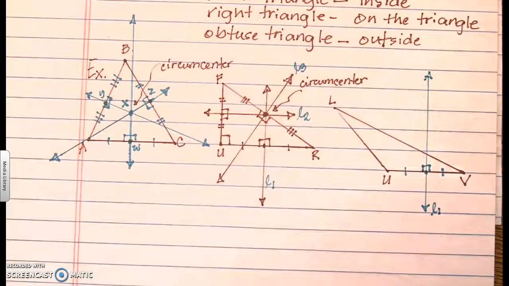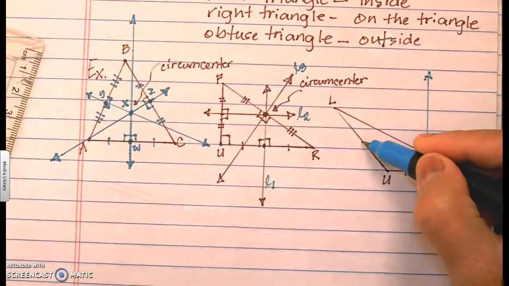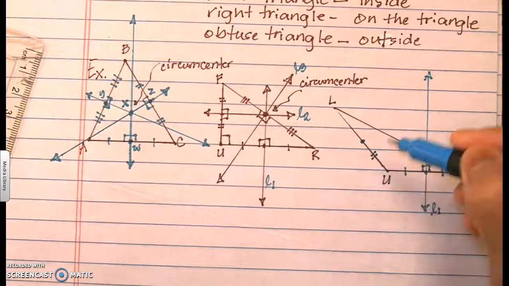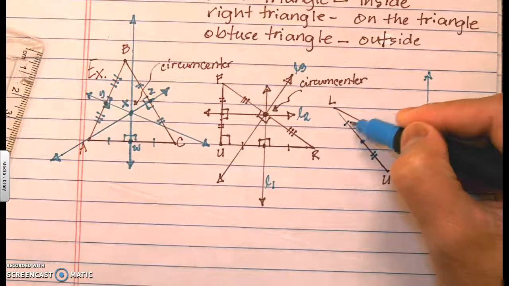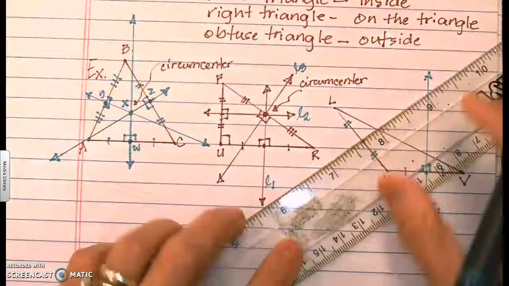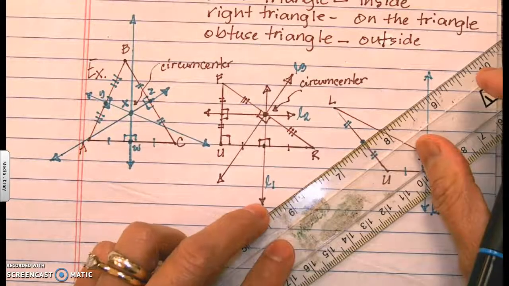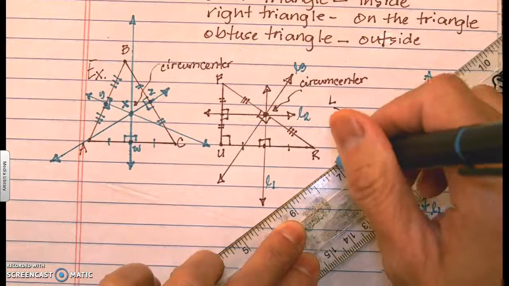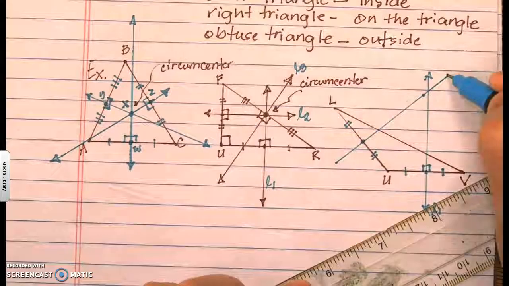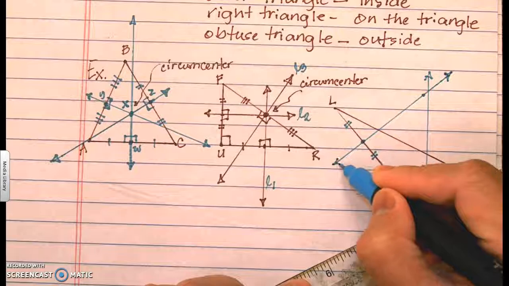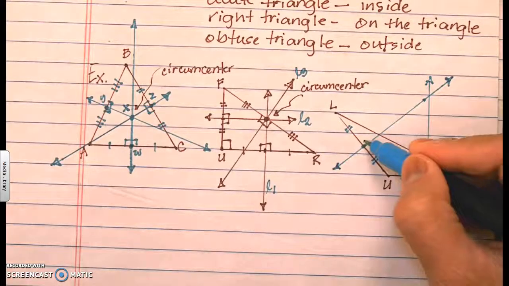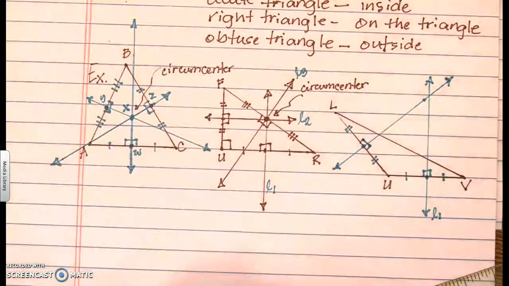My next perpendicular bisector, I'm just going to approximate this and say that this is congruent to this one. And I will try my best to construct a right angle that will pass through line segment or side LU. So I hope that my approximation is close.